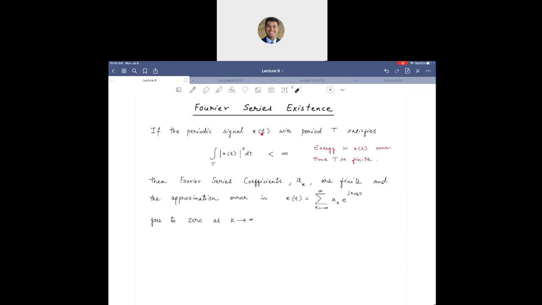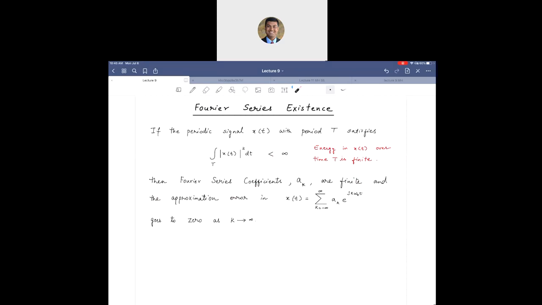So if the periodic signal x of t with time period T satisfies this relationship, where you integrate over one time period the absolute value squared of x of t, which is essentially the energy of x of t, and that is less than infinity, which means the energy in x of t over time period T is finite, then the Fourier series coefficients a sub k are finite.